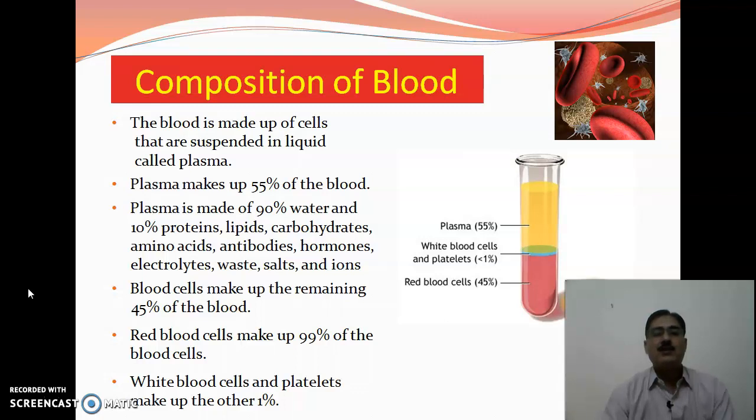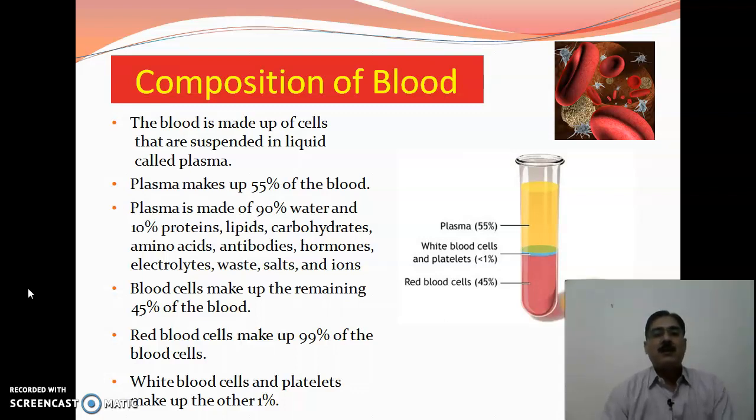While the blood cells make up the remaining 45% of the blood, that is the leukocytes, erythrocytes and thrombocytes, and out of this the red blood corpuscles make up 99% of the blood cells.